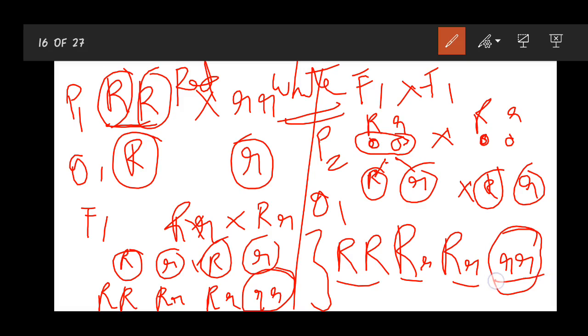If this white flower plant did not appear in the F2 generation, we could not explain these particles as discrete structures because it is disappearing. But it is not disappearing, it is not getting blended with capital R. Even in the heterozygote, it is keeping its individuality, its distinctiveness. Is this clear? So this is what is called the law of segregation.